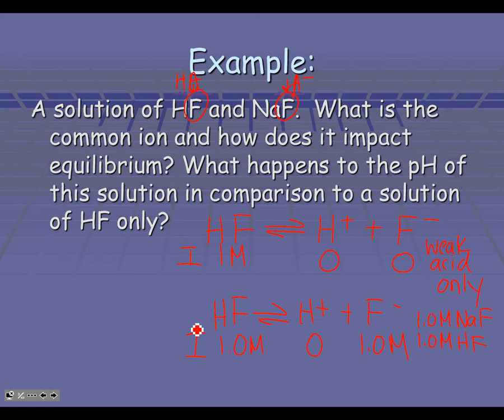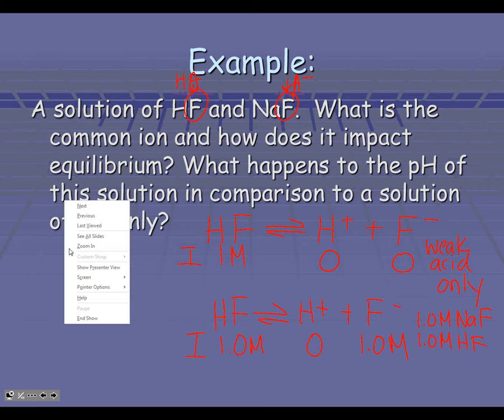The equilibrium shifts left. A common ion always does that. And that ends up making the pH less acidic. And we're going to see a lot of uses of this common ion. The first thing we're going to look at is how does this create a buffered solution. So we're going to create a buffer solution.